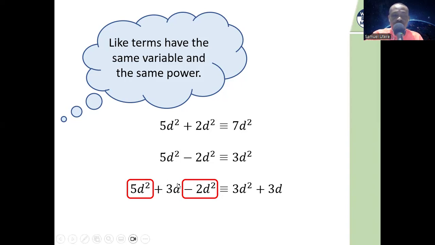So we'll do 5d squared minus 2d squared first, which gives us 3d squared, plus the 3d. Okay, we can't add this to that. They're not like terms. Remember what like terms are? Like terms have the same variable and the same power. Here, they're the same variable d, but it doesn't have the power 2.